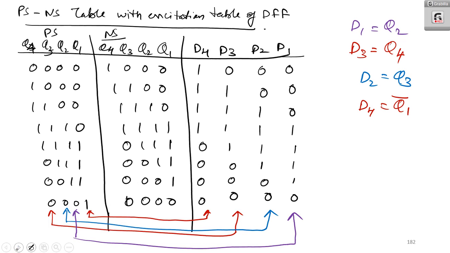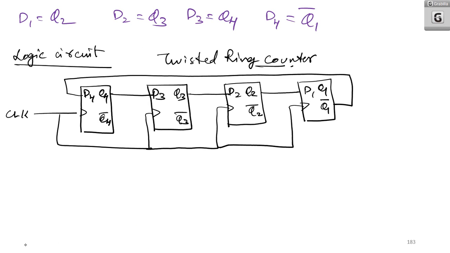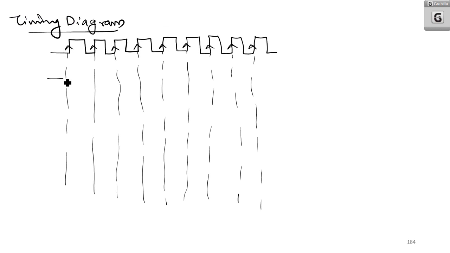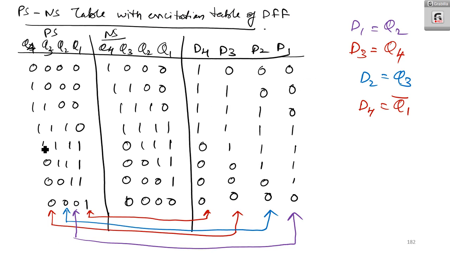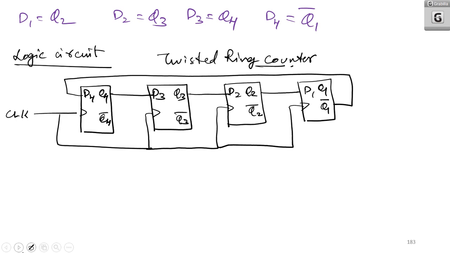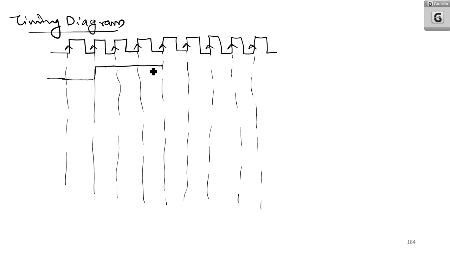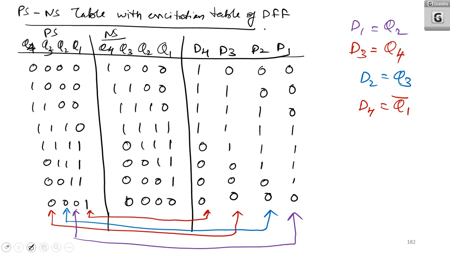Now coming to Q4. Q4 is 0, 1, 1, 1, 1, then 3 zeros.